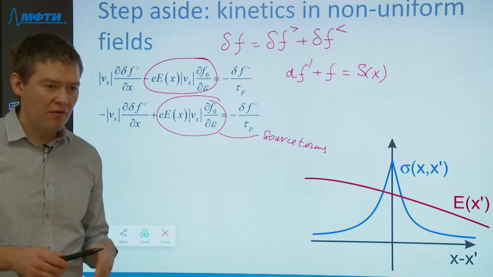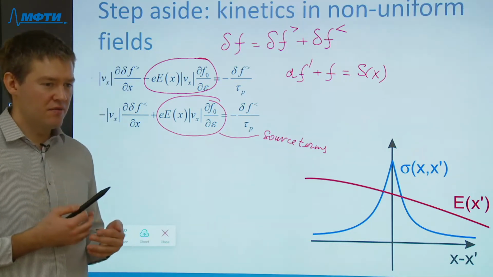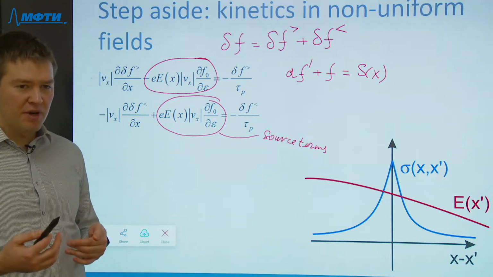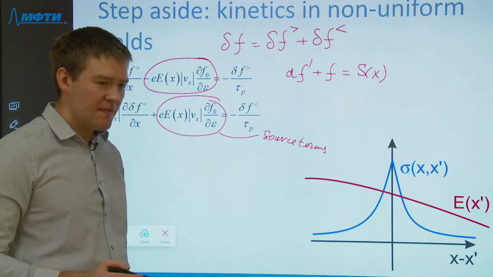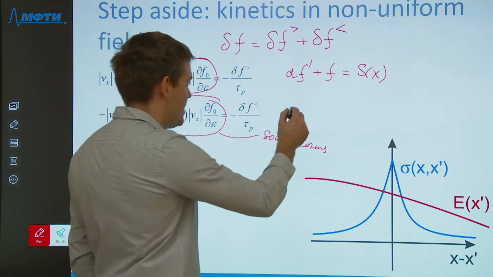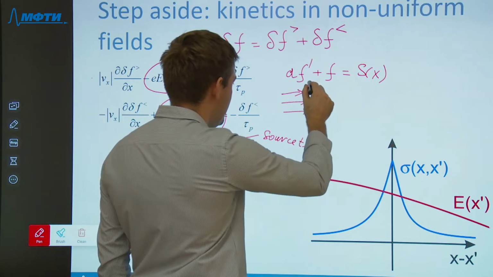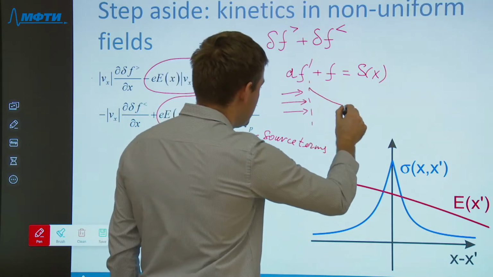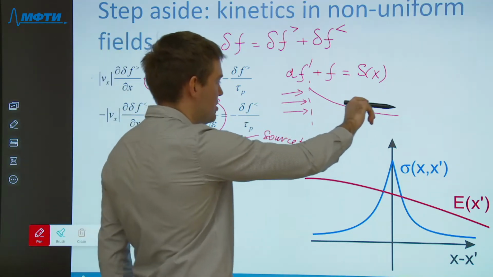The meaning of splitting this equation into equations for the right-moving carriers and left-moving carriers is that physically they should decay on opposite sides. For example, if we inject the carriers from left to right, they should decay along the direction of motion.